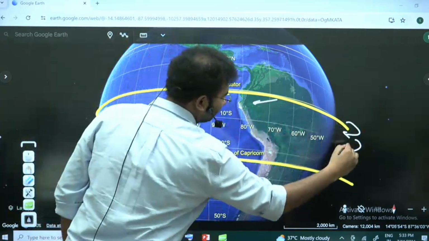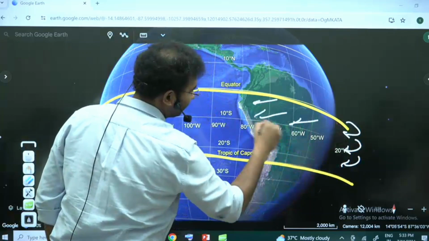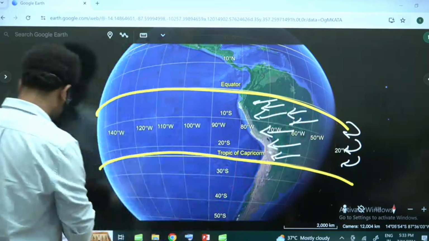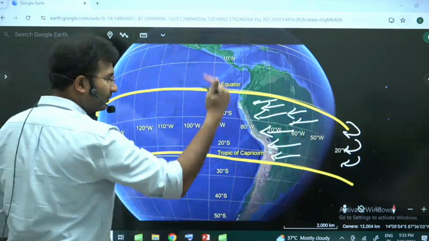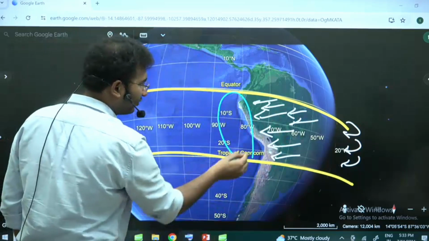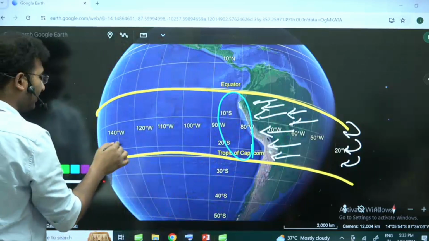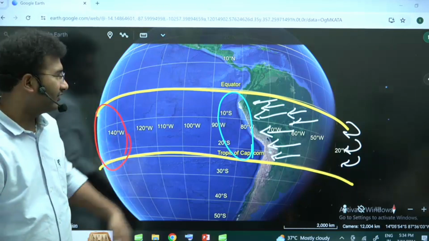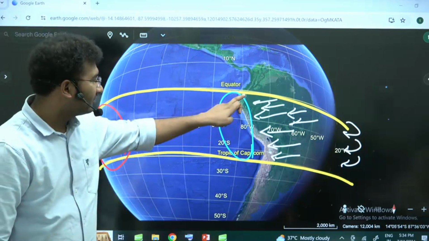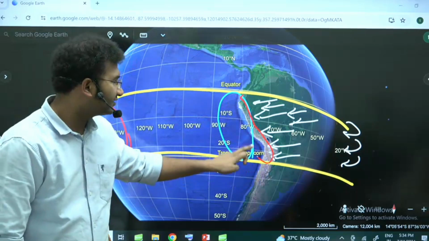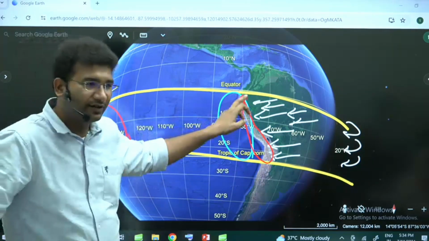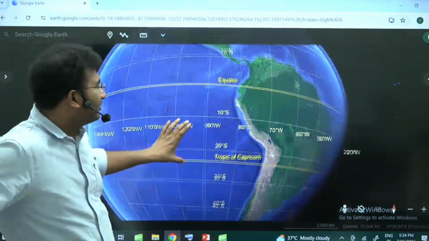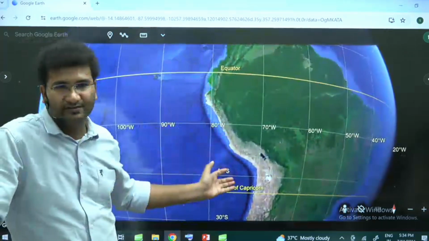That means this is how easterlies are there, right? Here the winds are moving from east to west. That means here the water starts to pile up. Here you will have cold water. Again, here you will have warm water, right? As you have cold water here, again, this part of the area will have deserts and will also have very good fishing industries. So South America is the best place where you will find fishing industries.